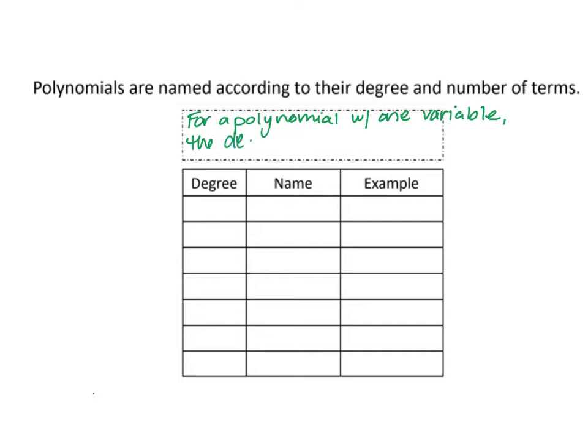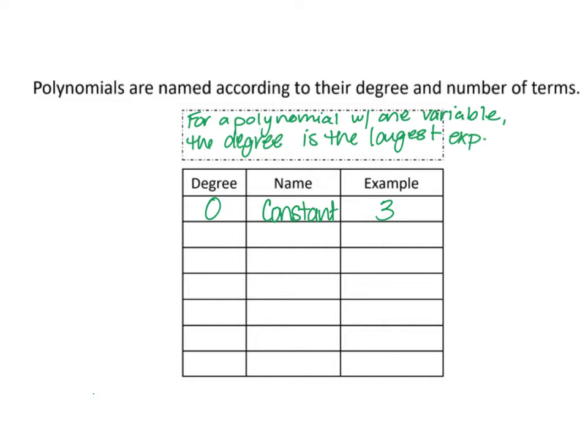The degree is the largest exponent. So for example, something with a 0 degree would be what we call a constant, which would be the number, like just a 3.